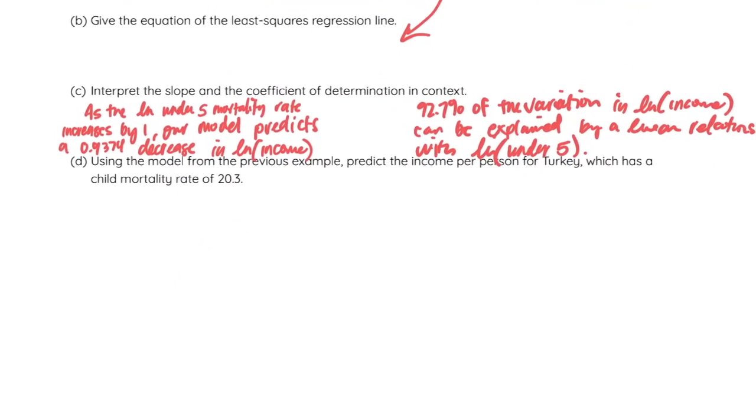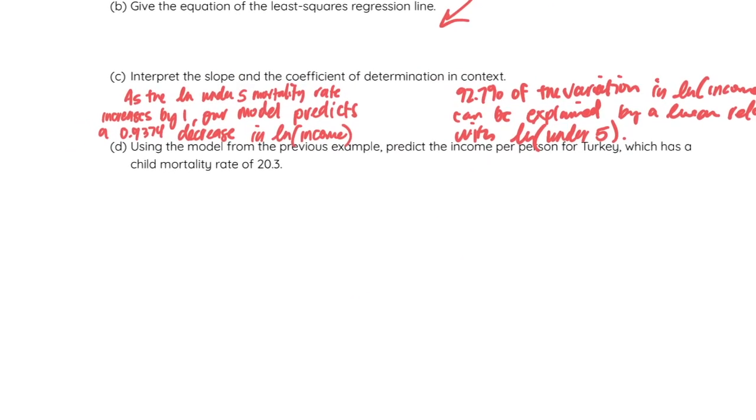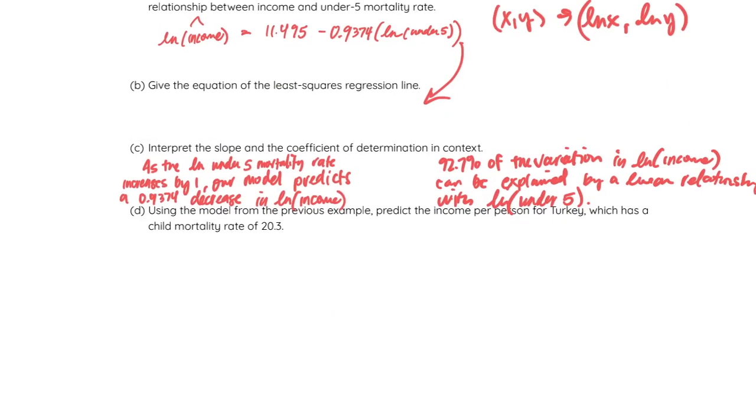Okay. Using the model, predict the income per person for Turkey, which has a child mortality rate of 20.3. So this is kind of sad stuff we're working with. But we're going to predict the income when our mortality rate of children under 5 is 20.3.